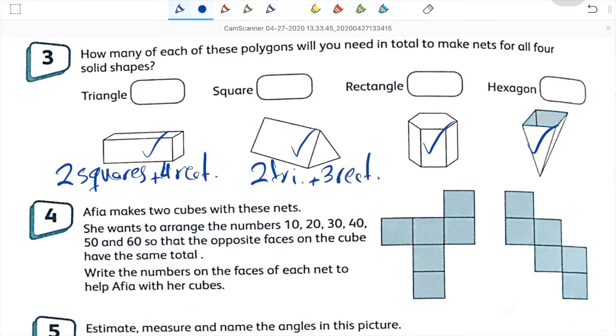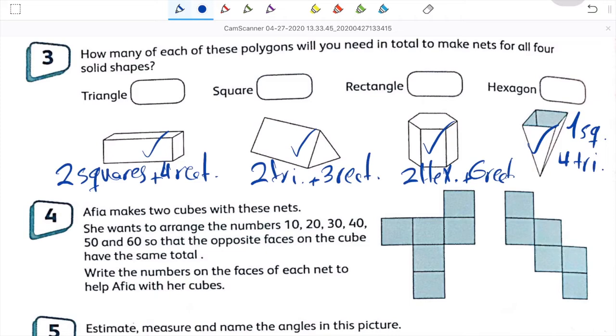About the hexagonal prism, we will have 2 hexagons, one in the bottom, the other one in the top, and we will have 6 rectangles all around it. Last but not least, for the pyramid, we will have 1 square and 4 triangles.